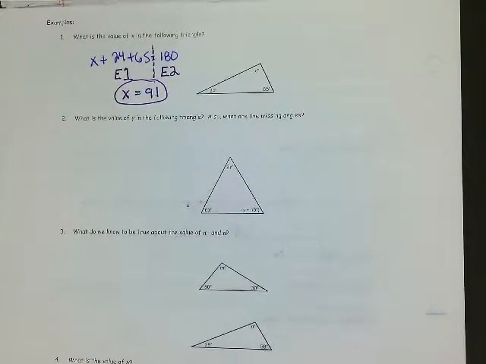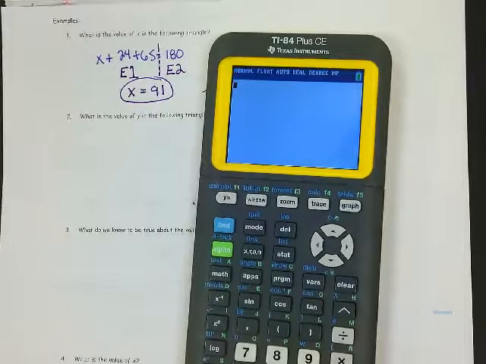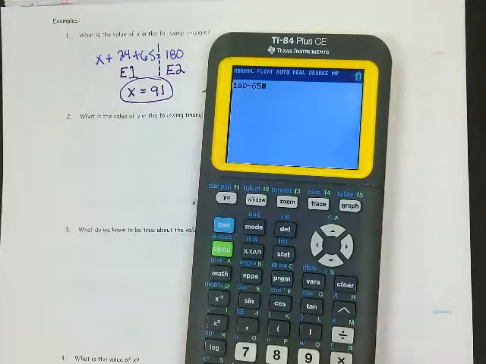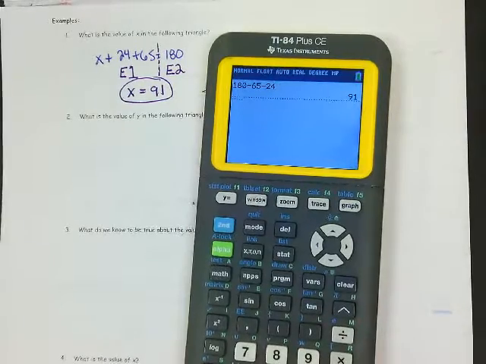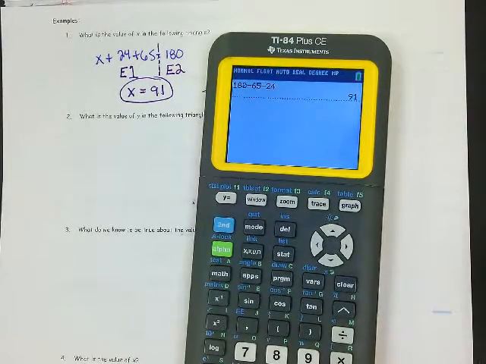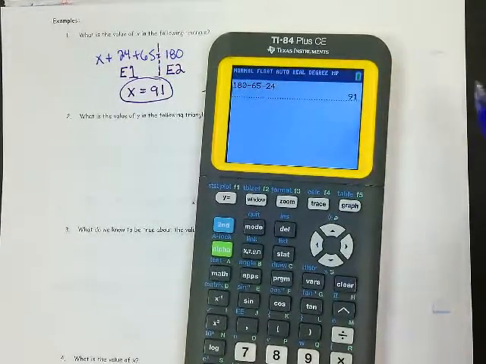All right, any questions? Now, of course, to get out of that, you hit second quit. Now, of course, you can do 180 minus 65 minus 24, and you get the exact same answer, okay? I would expect you all to probably do that on this problem.